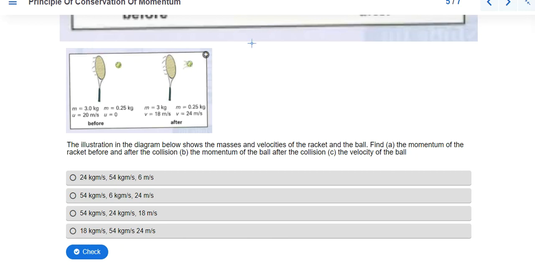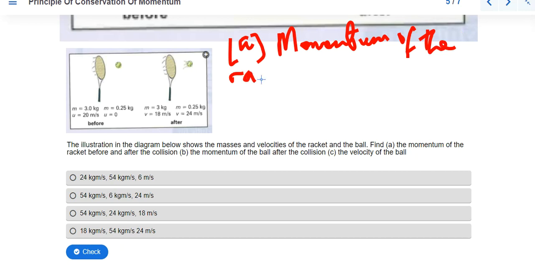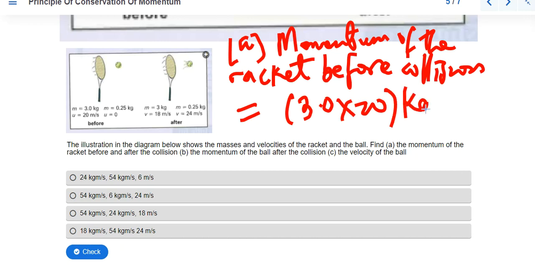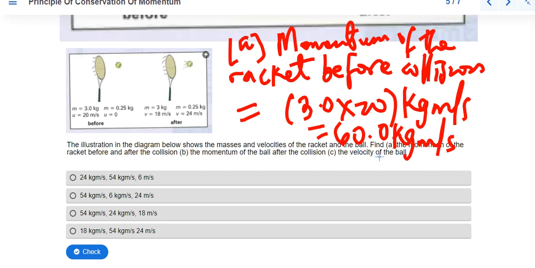For A, momentum of the racket before collision is equal to mass 3.0 times 20 kilogram meter per second, and that gives 60.0 kilogram meter per second.